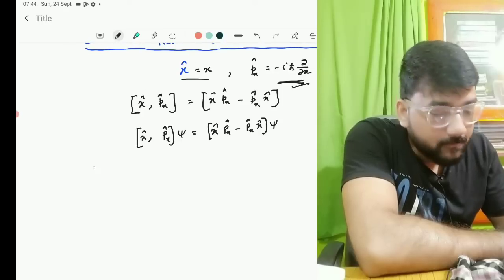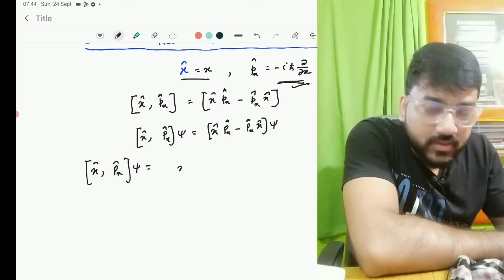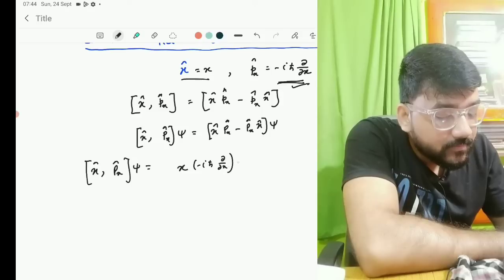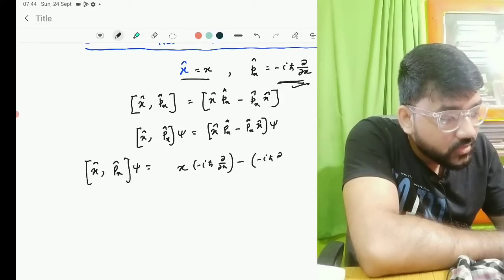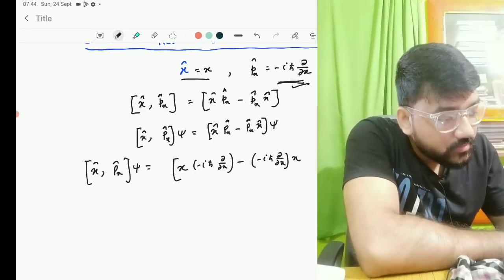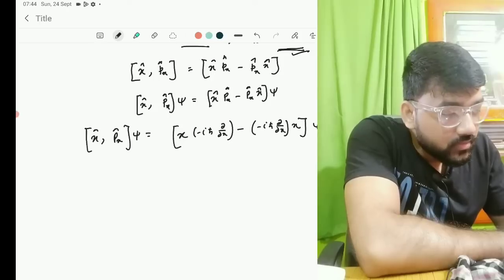Now let us substitute the values of x cap and p x cap. So x cap means simply x, and p x cap is minus i h cross del x, minus again minus i h cross del x into x, and the whole thing operates on psi.